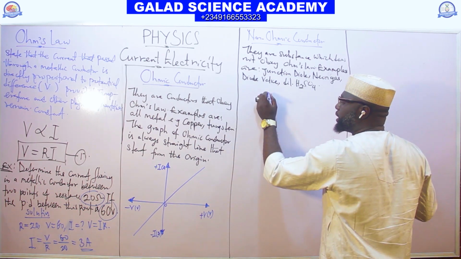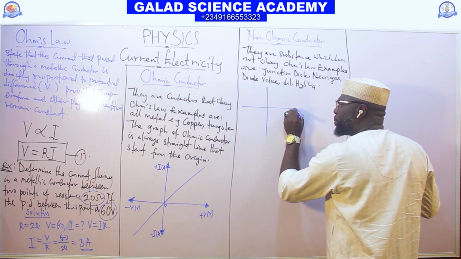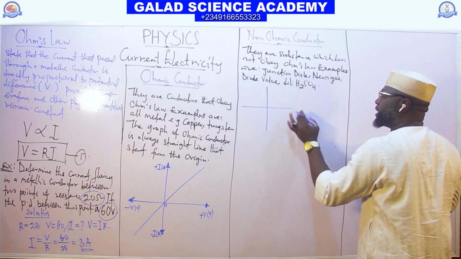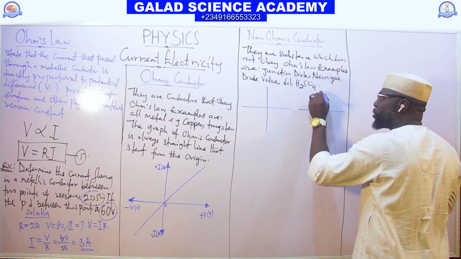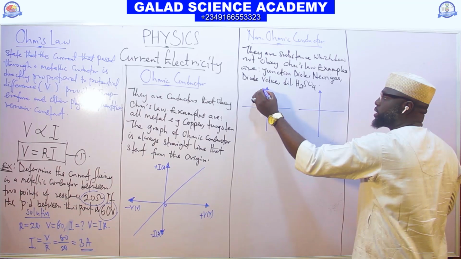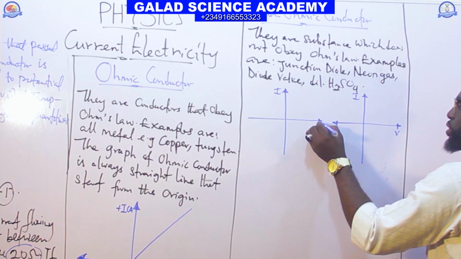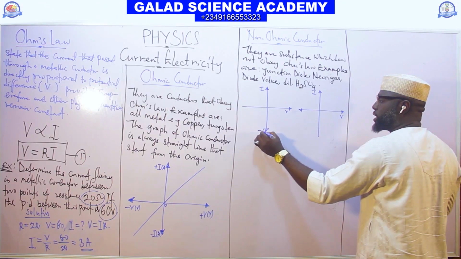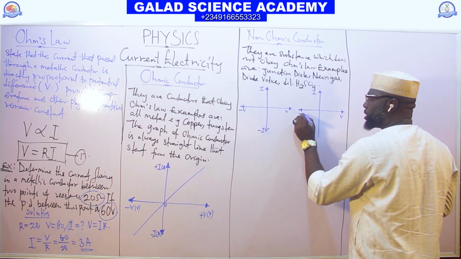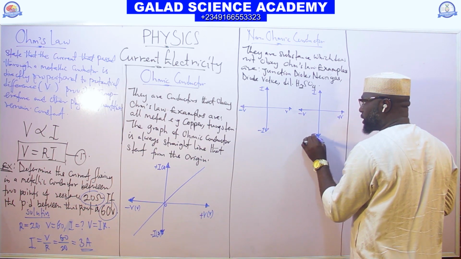For the non-ohmic conductor graph, this is current, voltage, negative current, negative voltage, positive voltage, and negative current. Good.